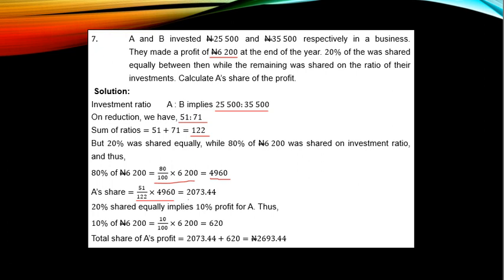So this is A's share of the 80%. Okay, remember you are looking for A's share. So A's share of 80% based on the investment ratio is 2,073 naira 44 kobo.